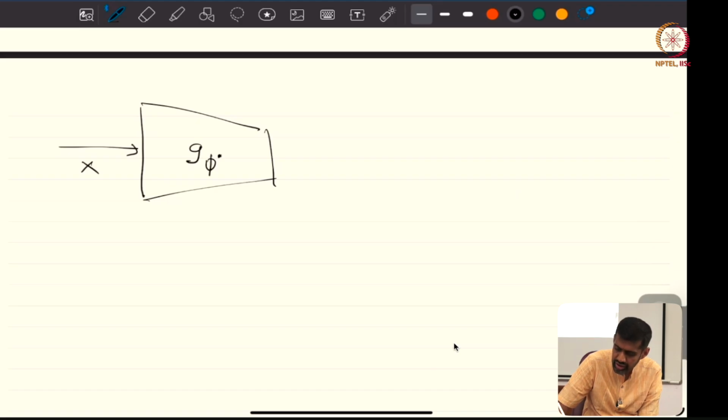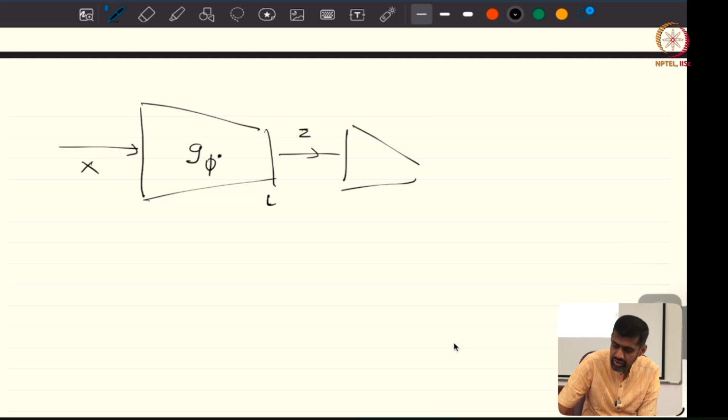This is layer L, and then we get z here, correct? This is all fixed, all frozen, and you are not training this. You can append another neural network here, which is some f theta on z, and perform ERM on f theta for your particular task.